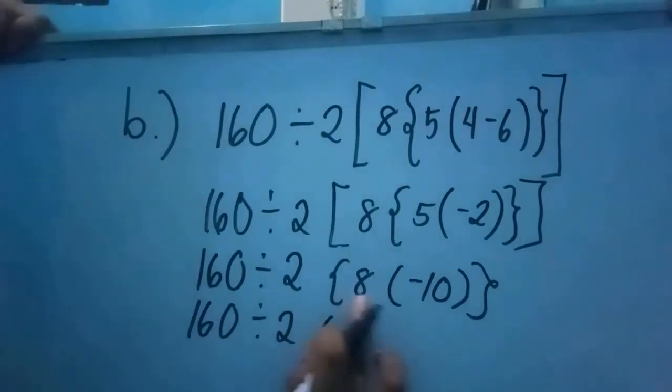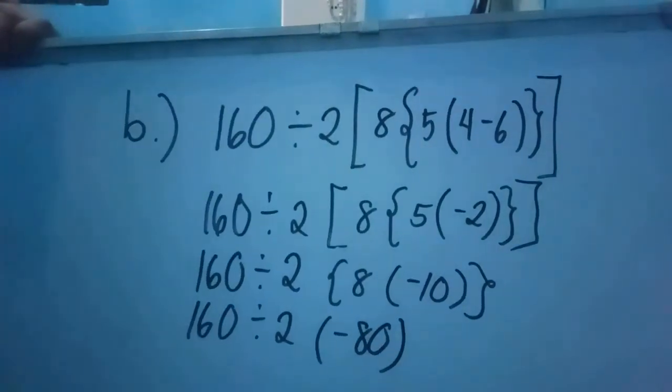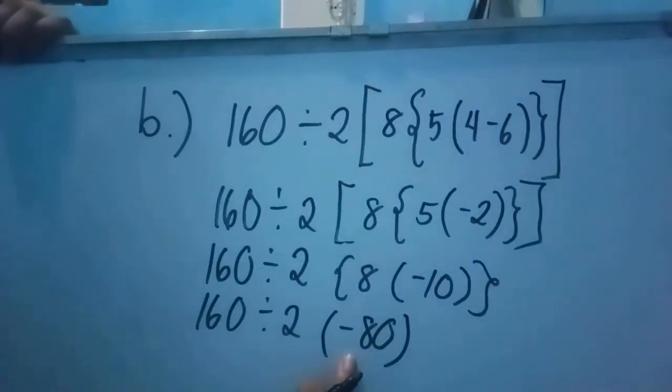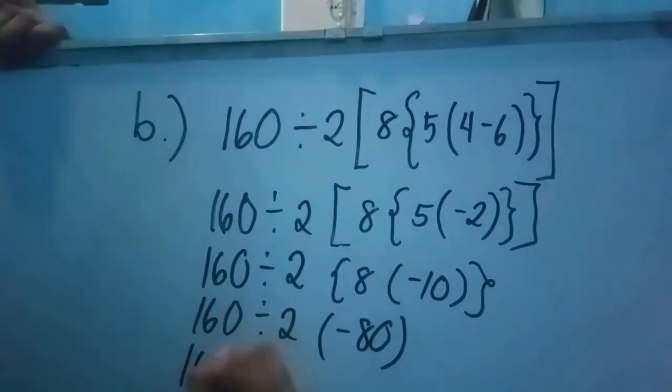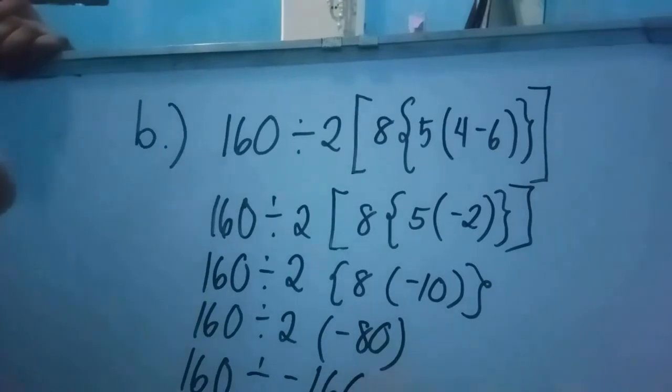So, we have 8 times negative 10 is negative 80. Now, let us multiply 2 times negative 80. 160 divided by 2 times negative 80 is negative 160.